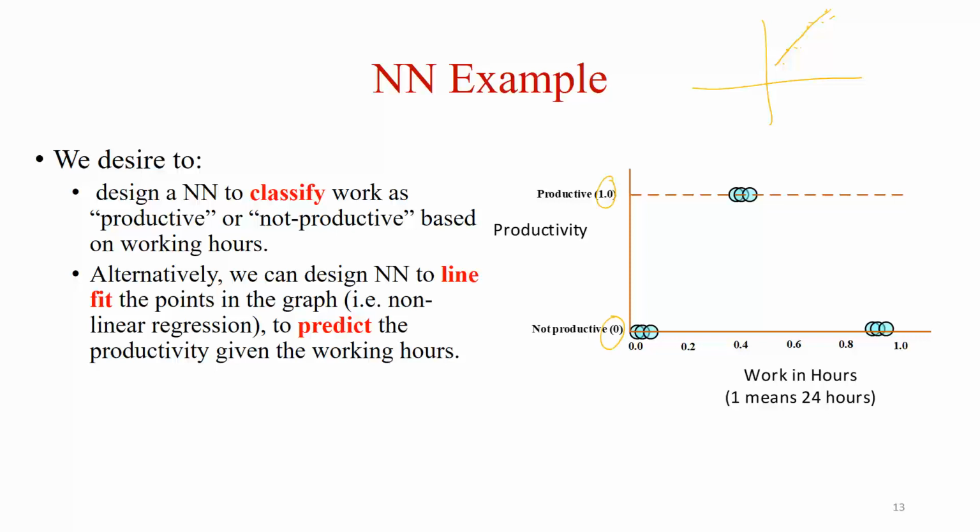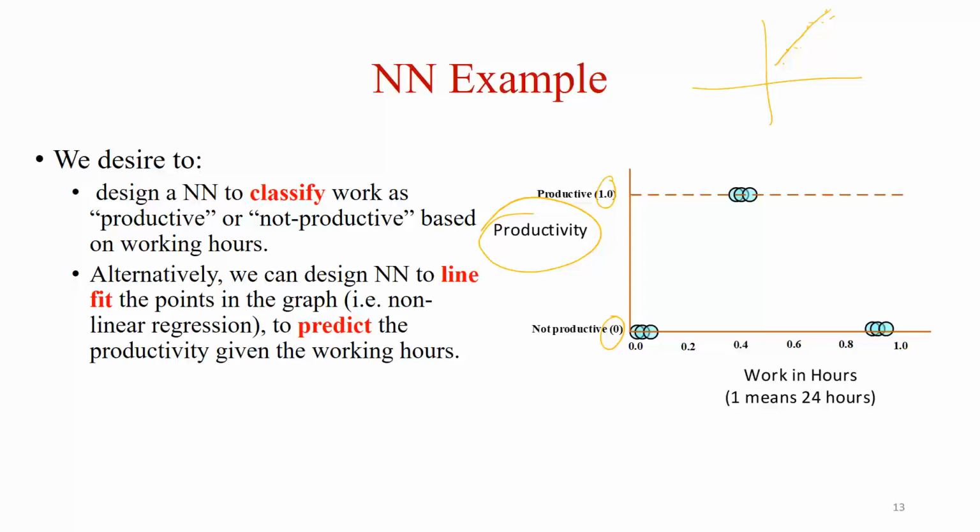At the same time, you can say that we are trying to line fit the data. It's the same thing, because it is really the same model. The way you would like to interpret the output makes it classification versus linear regression, because in this case we have really one single output, which is productivity.